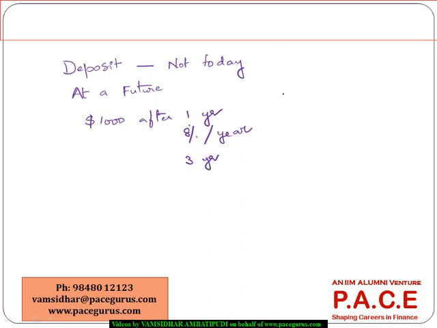So if I look at my timeline, this is today, I'm depositing it here, which is 1 year from now, and I'm withdrawing it 3 years from now, which means my investment period is only 2 years.